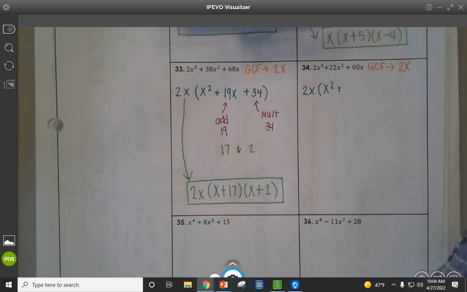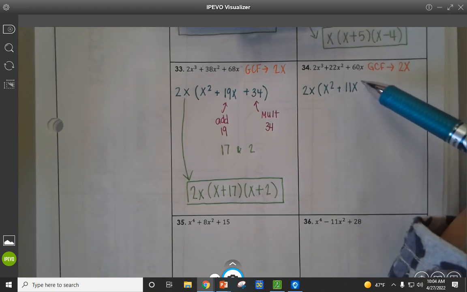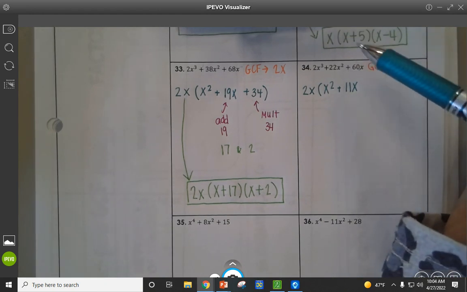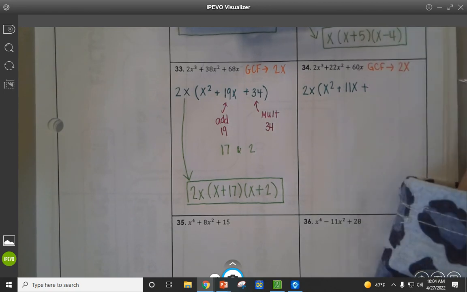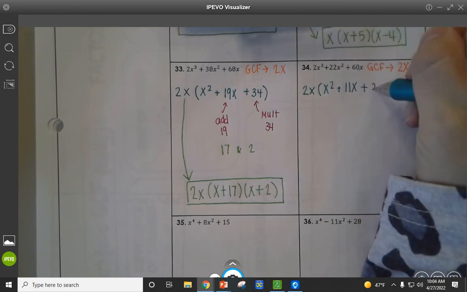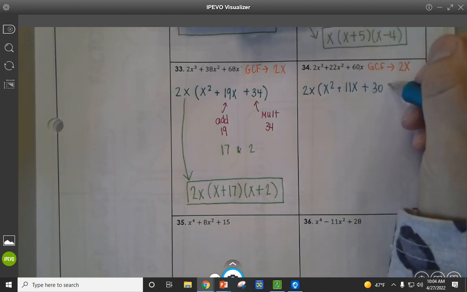Plus, 11x. 22 divided by 2 is 11. And then I had x squared, and I divided out one of the x's. Plus 30, because 60 divided by 2 is 30. And then that x got brought out.